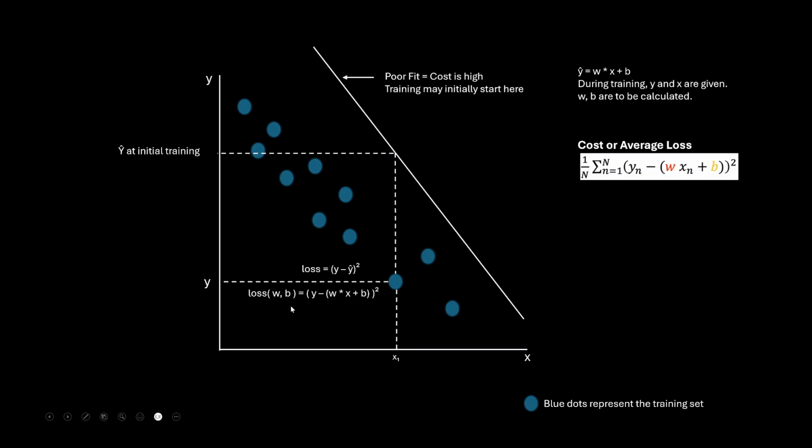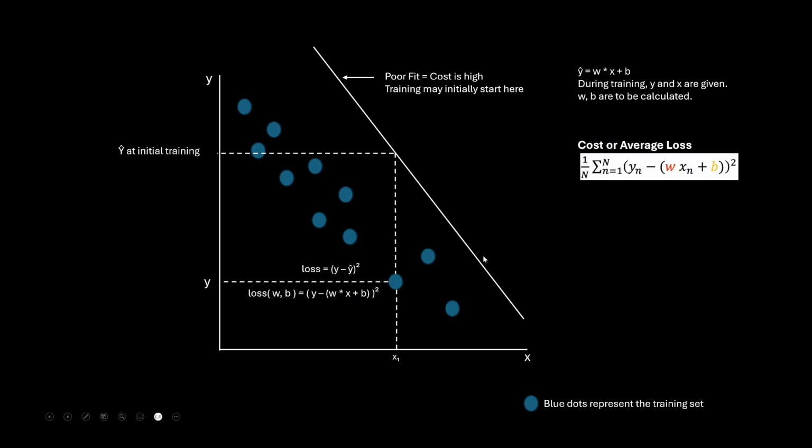The loss is really a function of the weight and the bias, because the weight and the bias will be changing as we are training. So the loss expanded. So we are replacing y hat with the value w times x plus b, as shown up here. And we need to minimize this.